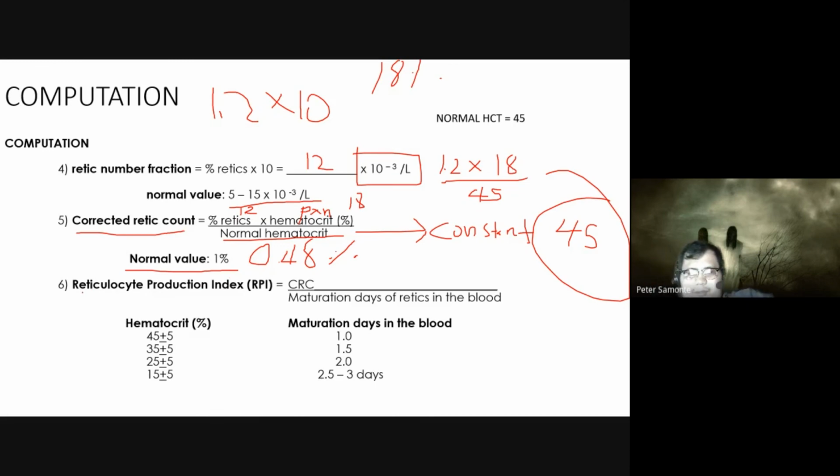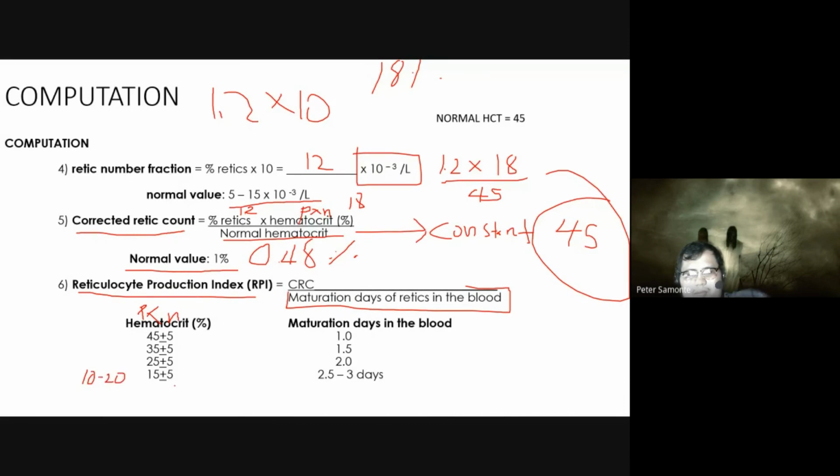Then we would have your RPI, which is equal to CRC divided by the maturation days of retic. So how would you get the maturation days? You would look at the patient's hematocrit. The hematocrit of our patient is 18, so it would belong in this range, 15 plus minus 5, that is a range of 10 to 20.